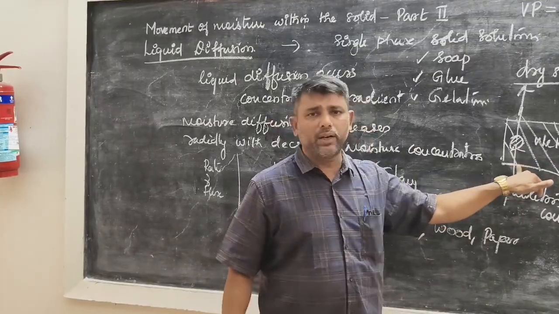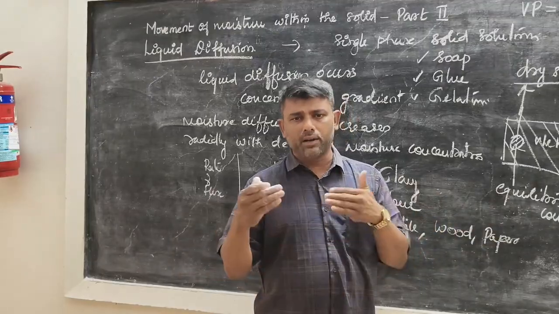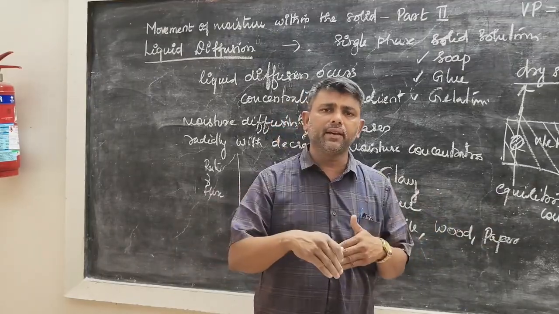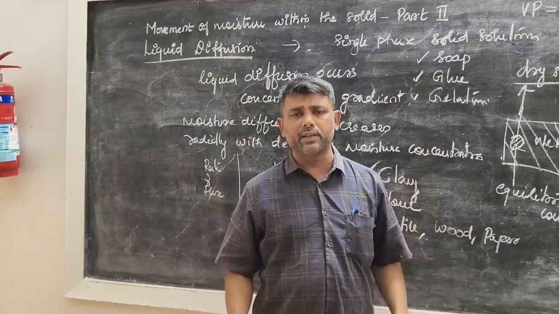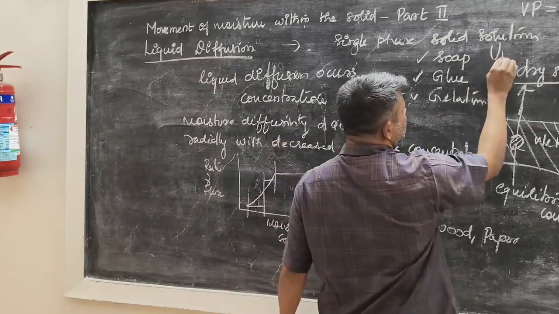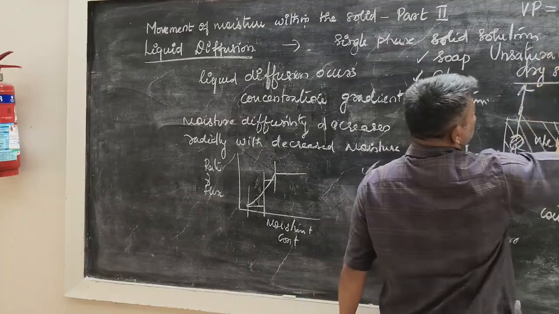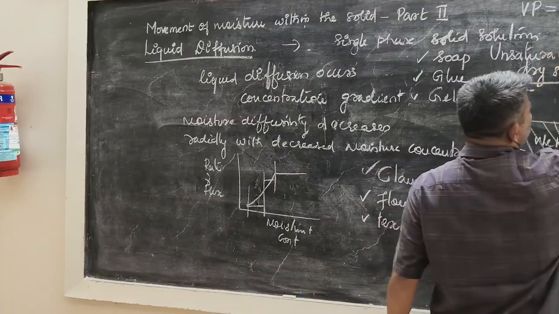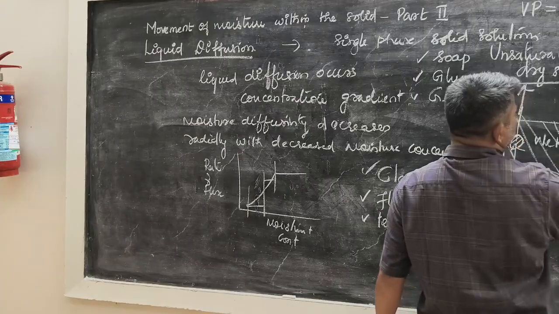This period, with increasing area of dry spot and decreasing area of wetted patches, is called unsaturated surface drying or evaporation.